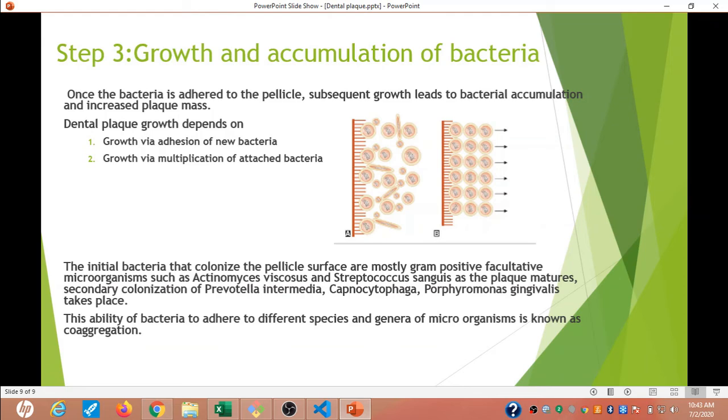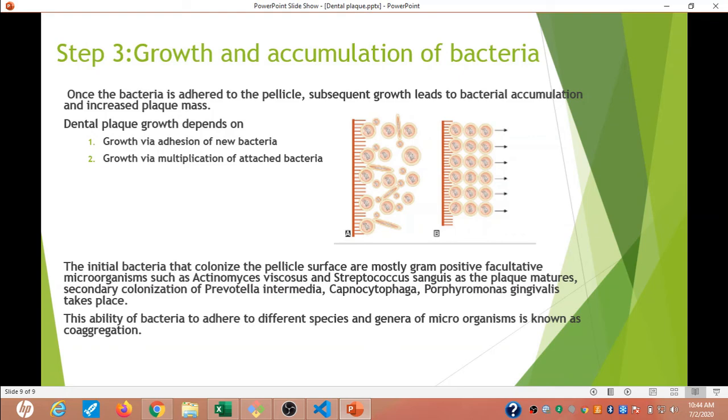So dental plaque growth depends on, first, adhesion of new bacteria, that is gram-positive bacteria, then gram-negative bacteria; second, multiplication of the attached bacteria.